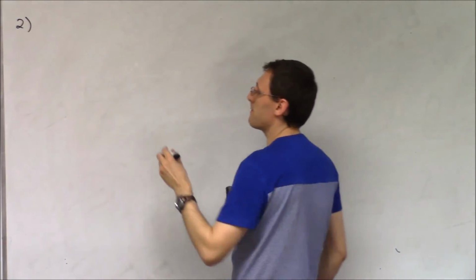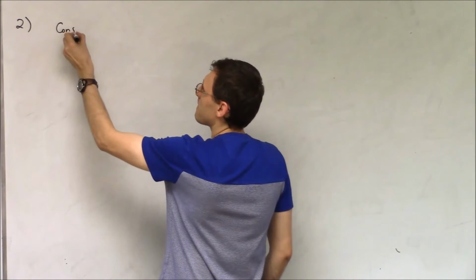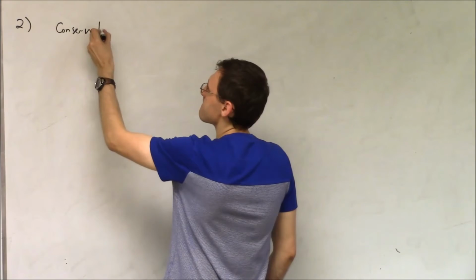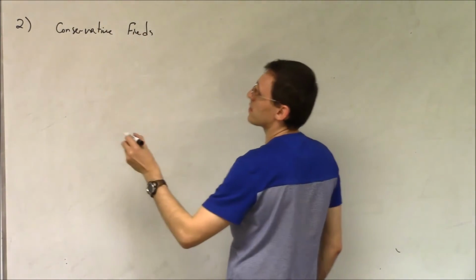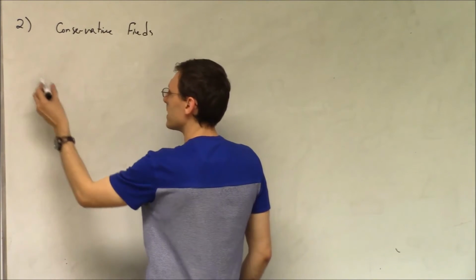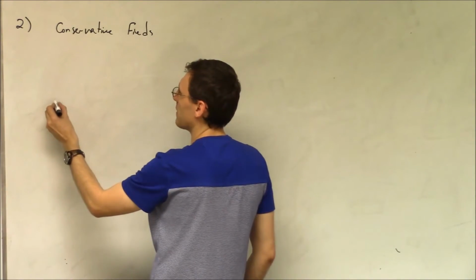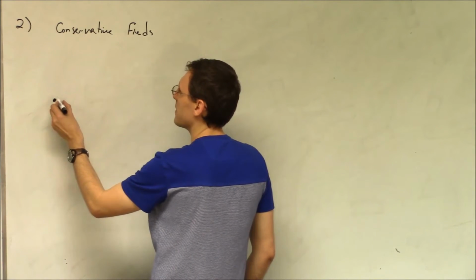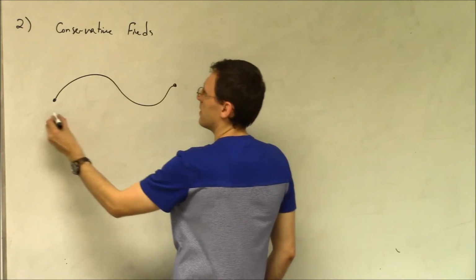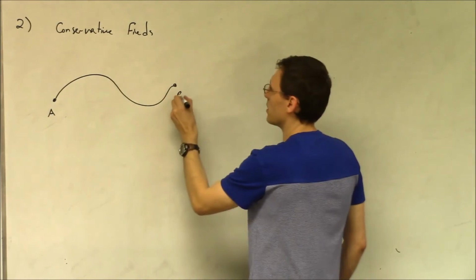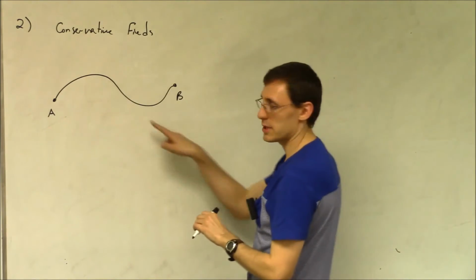This you might not quite understand is, let's say, conservative fields. Conservative fields is basically that roller coaster example I gave in chapter 2. So imagine that you have a path from point A to point B, and you have a particle traveling along this path.